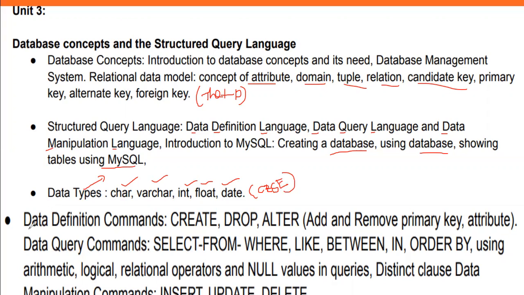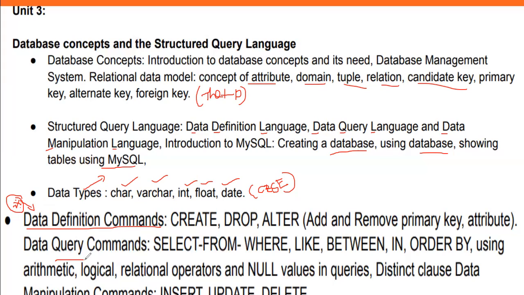Then data definition commands. This is the important topic. All your queries, your practical, everything is related to this topic. Creating the table, drop, alter, add and remove the primary key and its attribute.